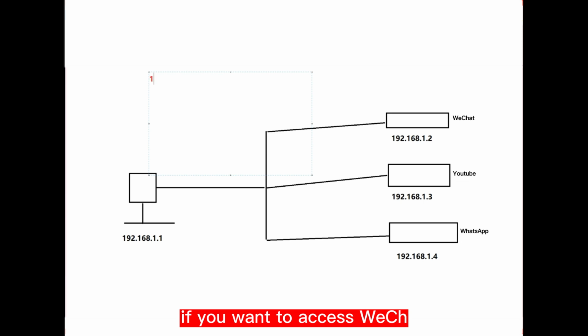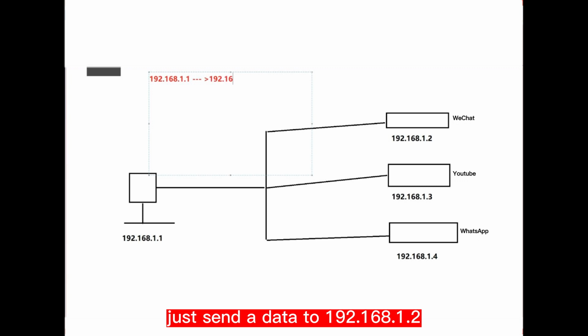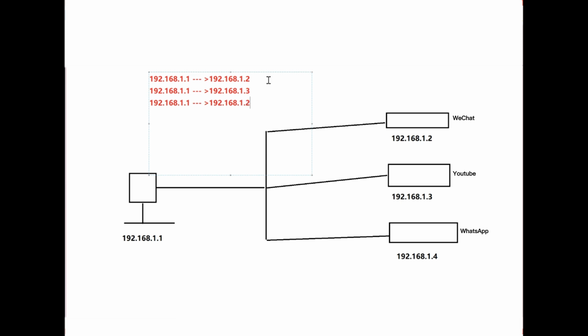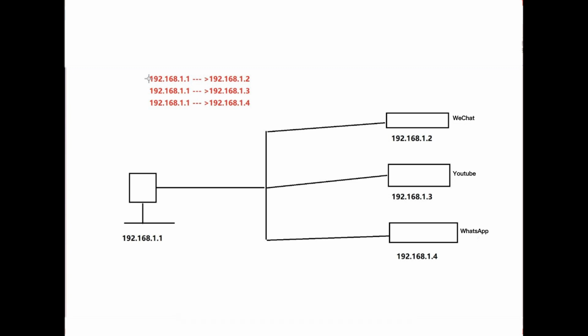If you want to access WeChat from 192.168.1.1, just send a data to 192.168.1.2. If you want to visit YouTube, just send data to 192.168.1.3. To access WhatsApp, just send data to 192.168.1.4. This is not a problem.